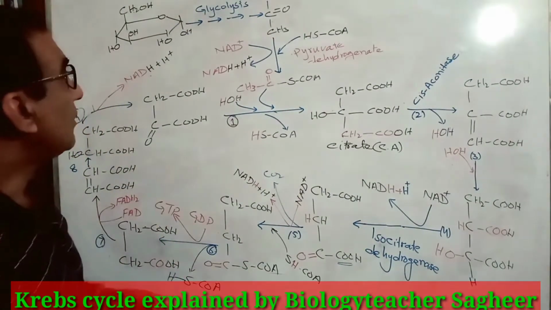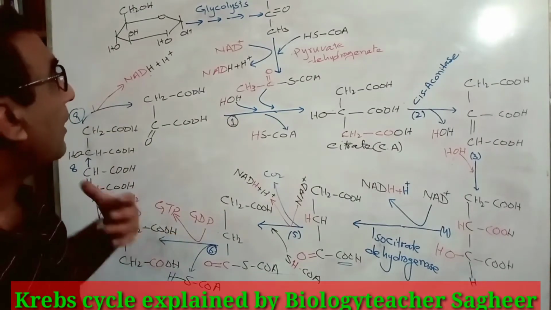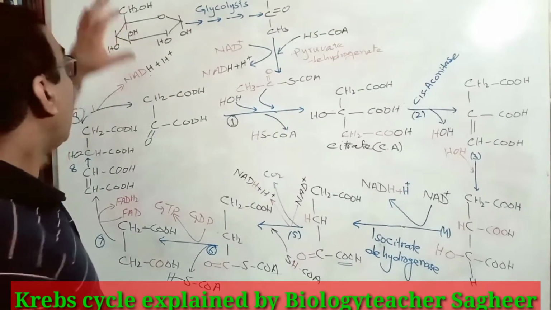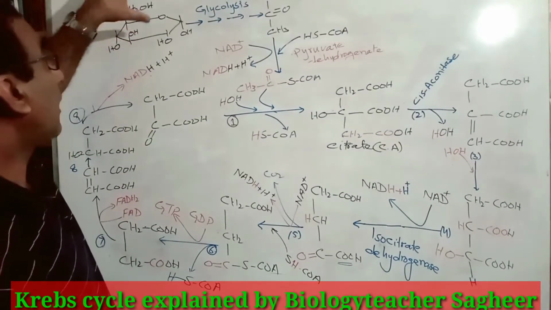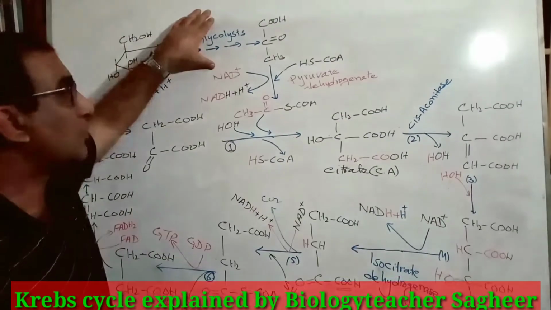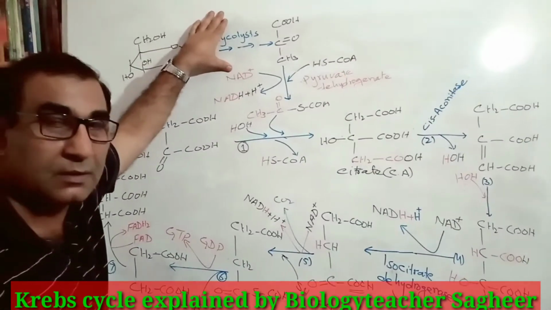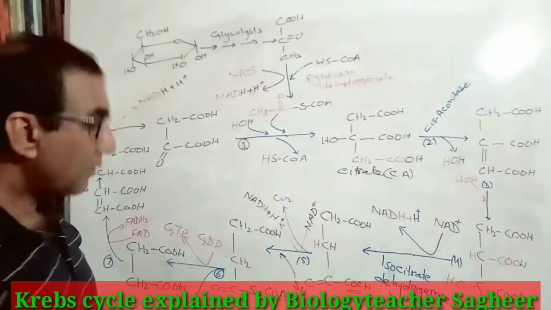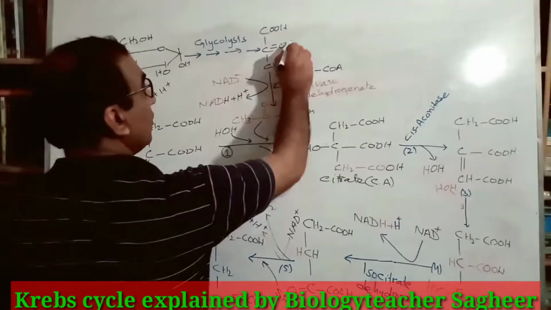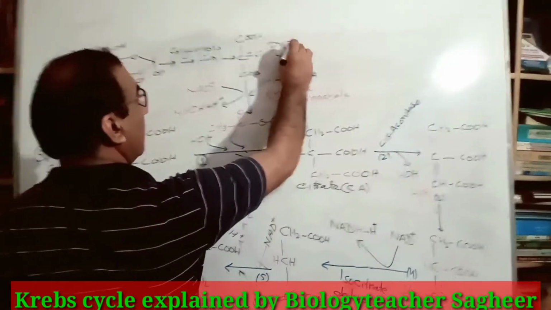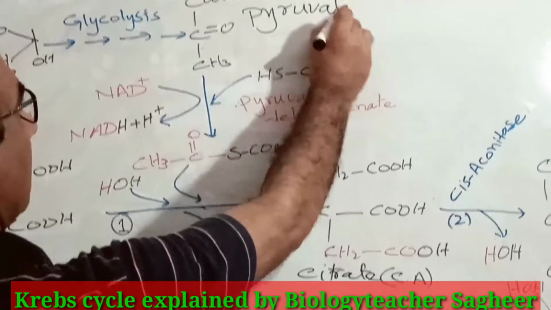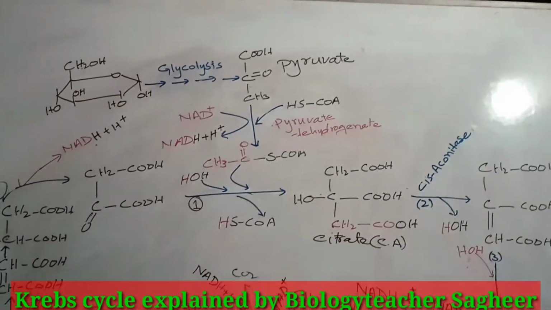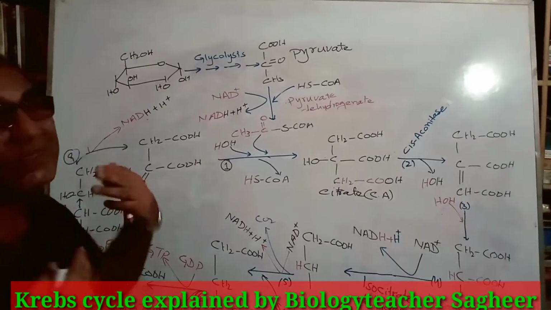In a certain lecture, I made you understand how glycolysis is completed reaction by reaction, and at the end, what is formed? At the end, pyruvate is formed. And from here, the story starts.